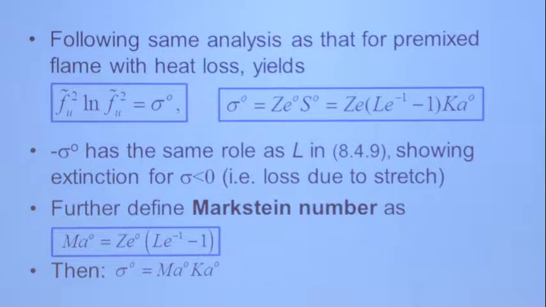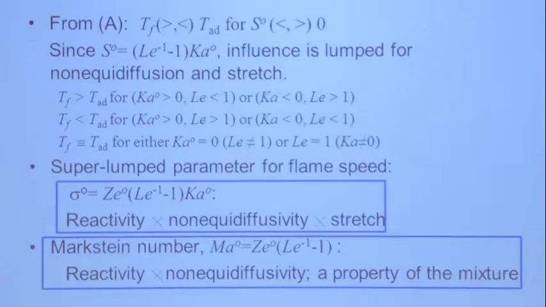You give a lean methane-air mixture, you can calculate the Zeldovich number, you can calculate the Lewis number. You can tabulate it. So that's why it's a useful number. As I said, you can tabulate this for a given mixture, for anything. And then you throw in the Karlovitz number for the flow.